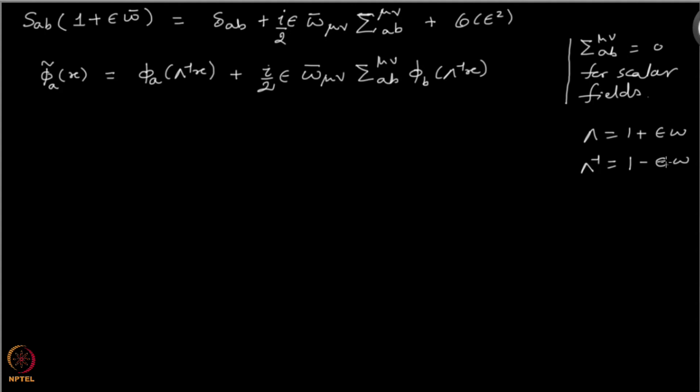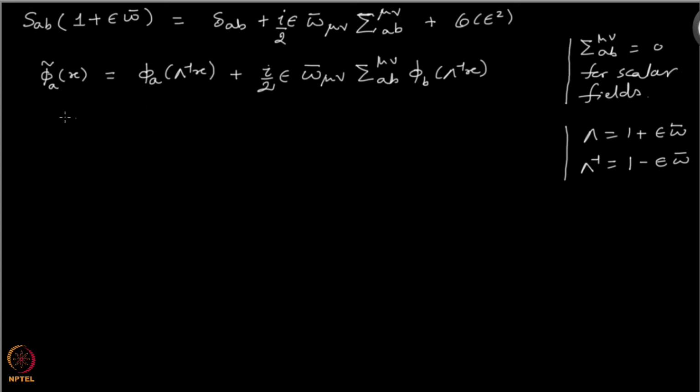And that you see here, because the order epsilon term will cancel, and what you get is order epsilon square, but we have ignored order epsilon square in both of these, so we cannot say about order epsilon square here, and we ensure that the order epsilon term is 0. So, up to order epsilon terms, lambda inverse would be 1 minus epsilon omega bar. Okay. So, that is what lambda inverse would be.